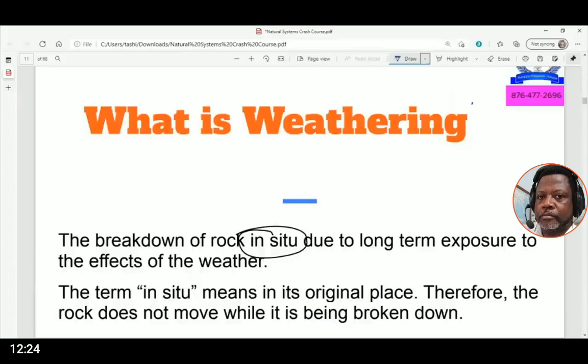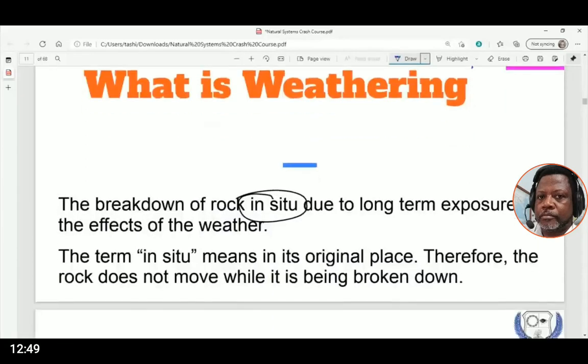That means it is in its original place. There is no movement with weathering. Weathering itself does not move anything. That's another process entirely. Okay? So weathering itself, all it does, it breaks down the rock. The rock does not move while it is being broken down.